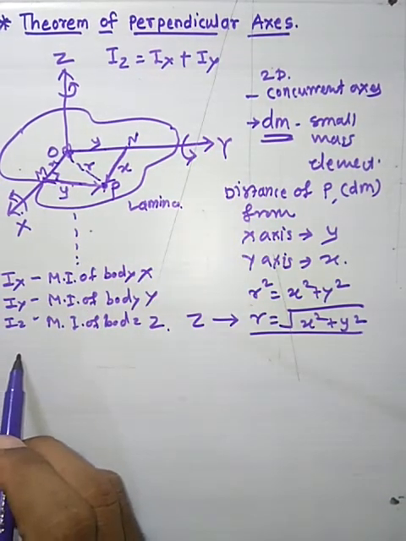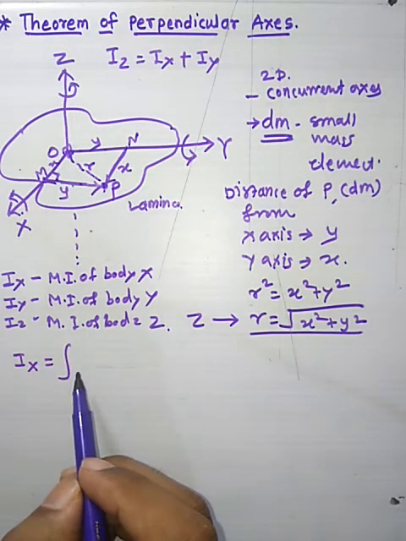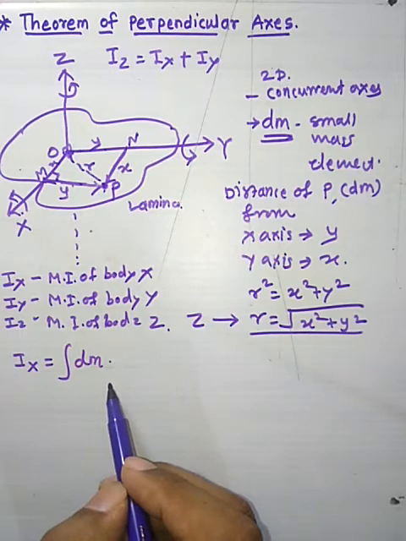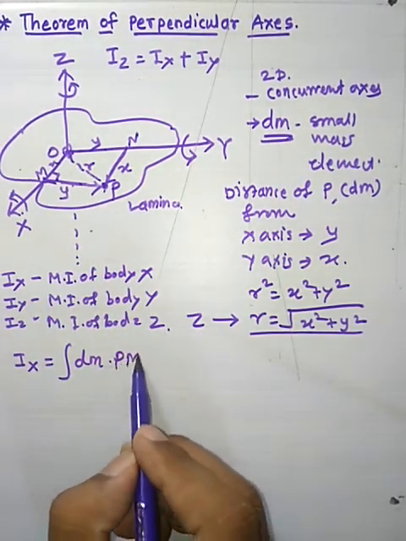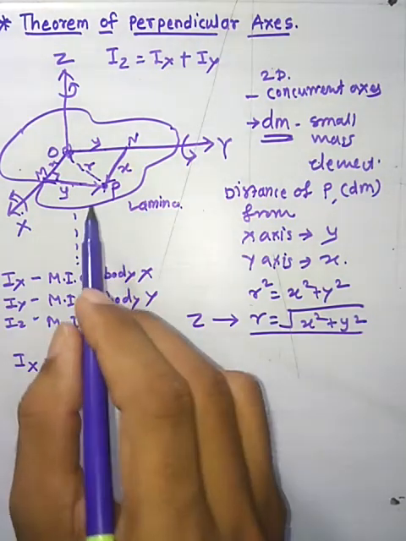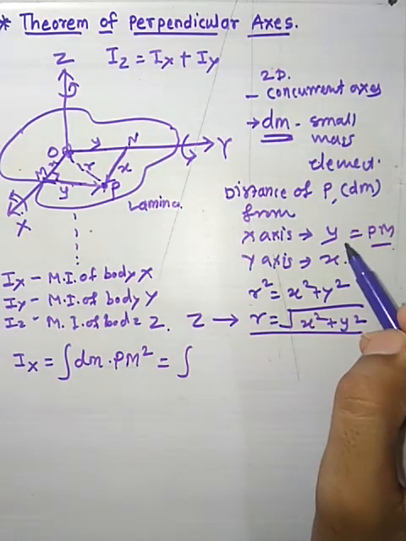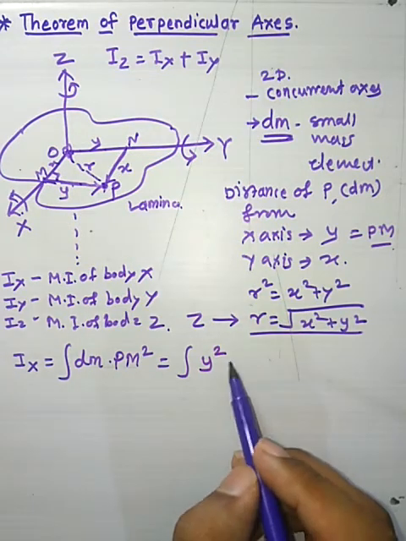So the moment of inertia of that body about the x-axis is equal to the integration of the mass of that point, that is dm, times the perpendicular distance square, that is PM square, which is again equal to the integration of y square into dm.